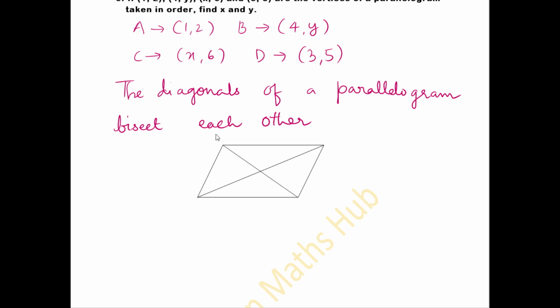Consider a parallelogram with vertices A, B, C, D. Now consider P as the midpoint of diagonal BD, and also P will be the midpoint of AC, because the diagonals of a parallelogram bisect each other. Therefore, the midpoint of DB is P and also the midpoint of AC is P.